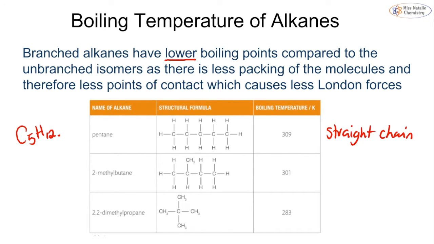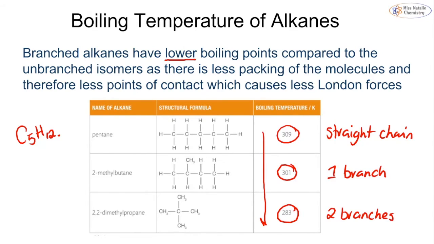Then we go to 2-methylbutane, which is one branch, and then 2,2-dimethylpropane, which is two branches. And you can see that we go from 309 to 301 to 283. So we are getting a decrease. And the reason for this is we get less packing of the molecules. So we're causing those points of contact to not be as close.